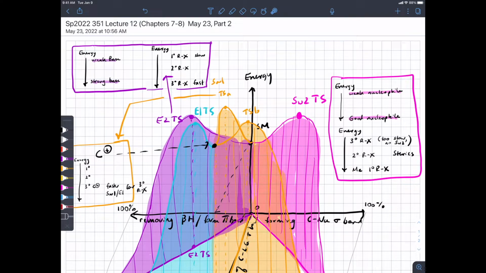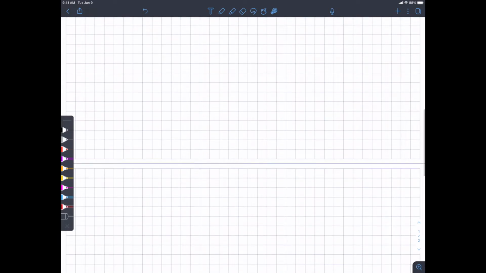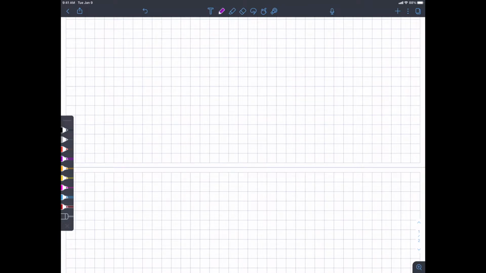Now let's talk about each of these issues one by one and show some examples. So let's start by talking about good nucleophiles versus good bases.